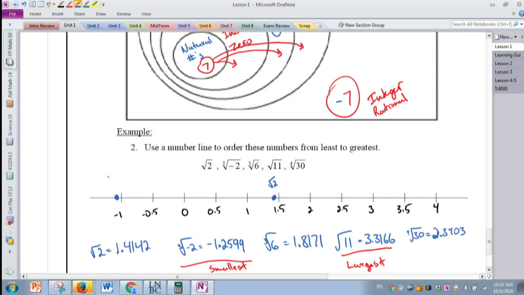So this is the cube root of negative 2. This is my second one. The cube root of 6 is 1.8. All right, so it's going to be probably just before 2. This is the cube root of 6.